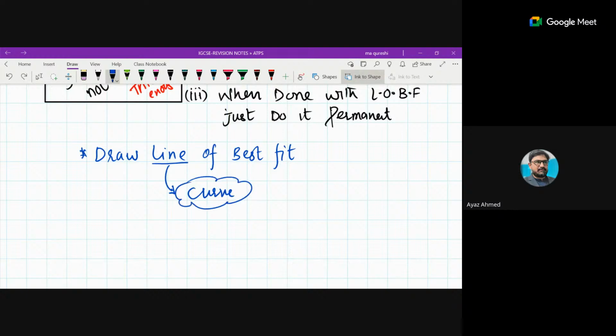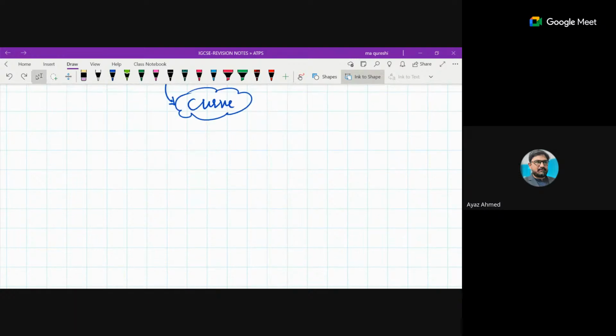So when you have a curve, just try to draw the curve as a smooth curve, इसको कहते हैं हम स्मूथ कर्व, ठीक है. So smooth curve is something like that.